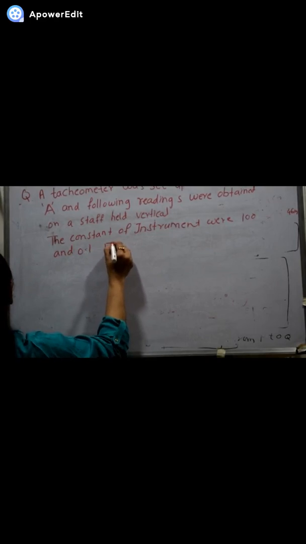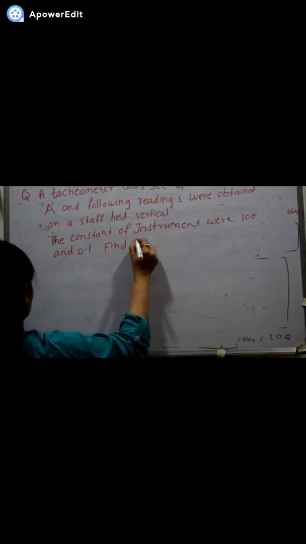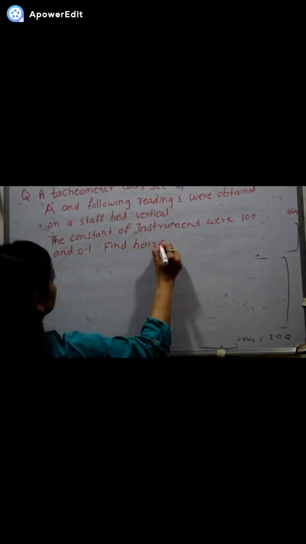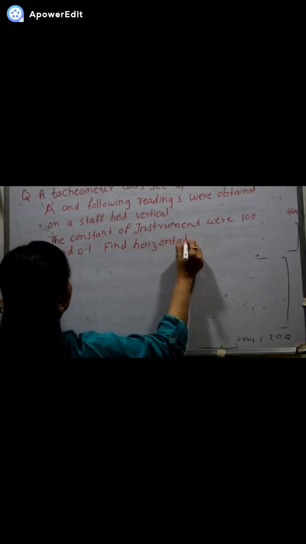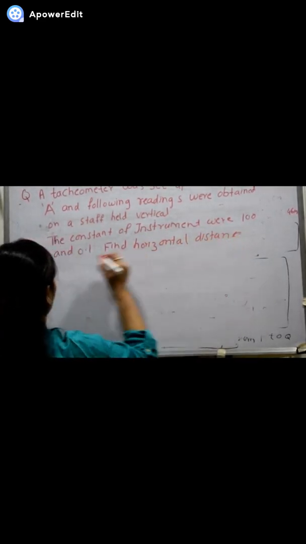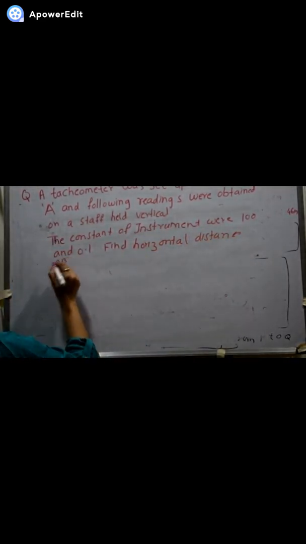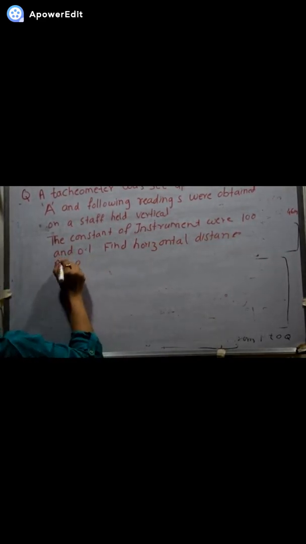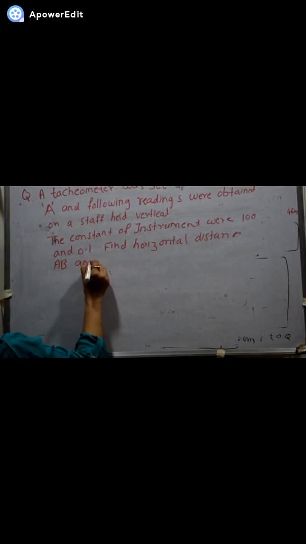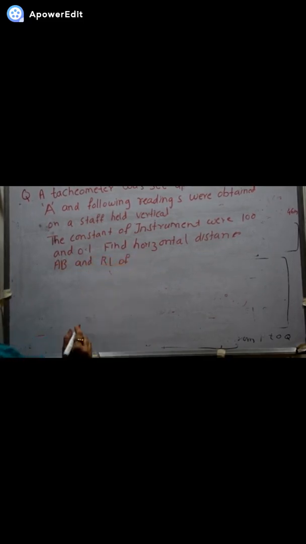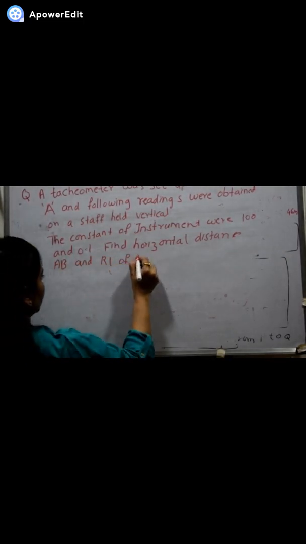Find the horizontal distance AB and the RL of B.